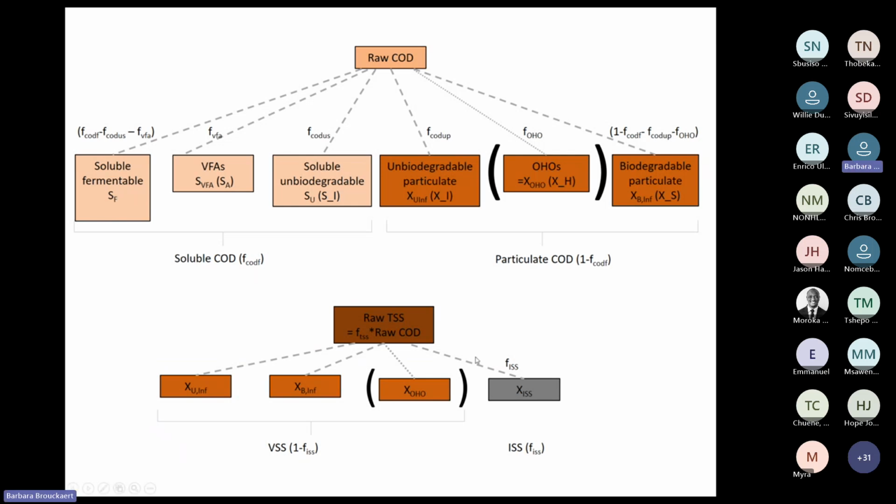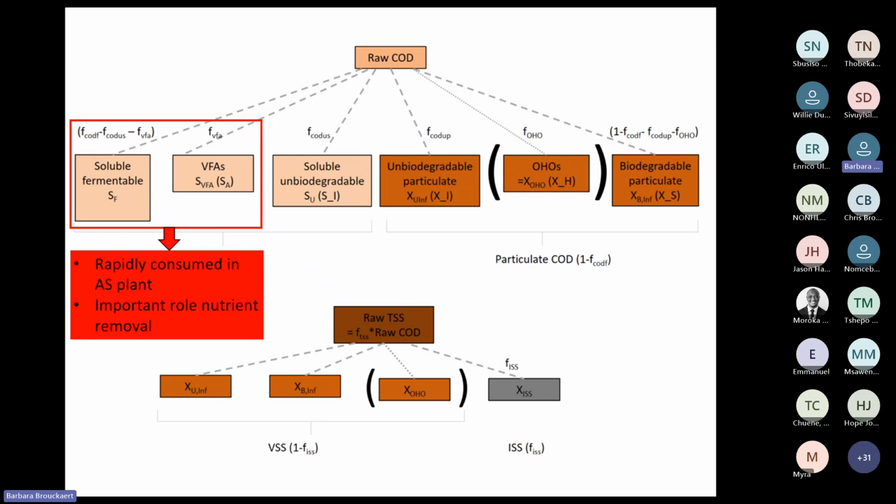So for example, your soluble unbiodegradable COD passes through the plant unchanged, goes into the secondary effluent, and it limits the minimum COD you can achieve in the effluent. So that's an important fraction to know. The biodegradable soluble is rapidly consumed in the activated sludge plant, and it's important in nutrient removal.